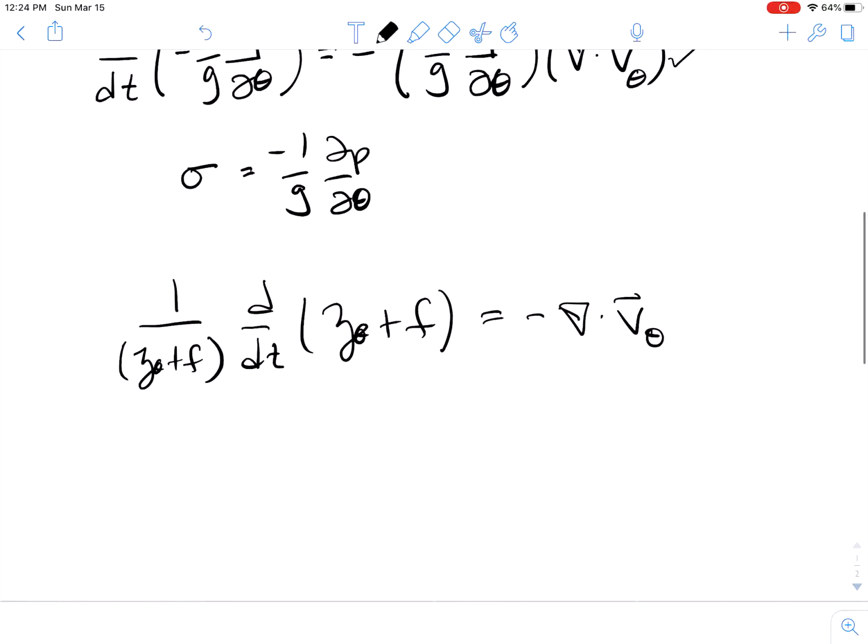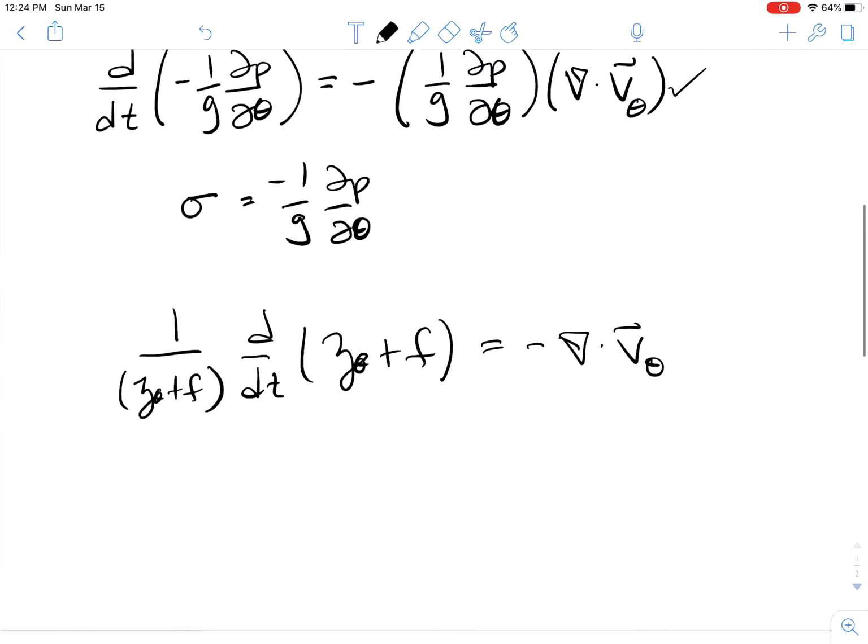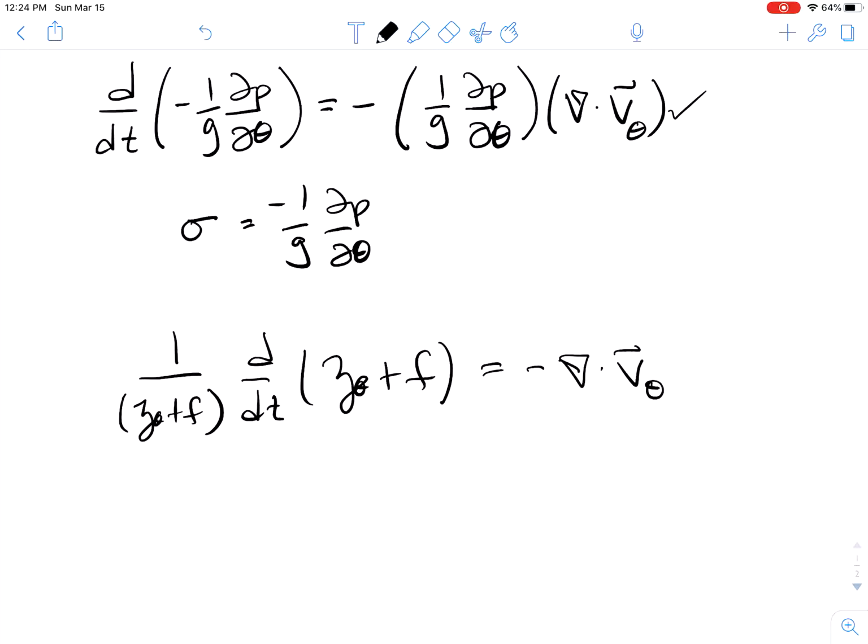Similarly, we can do the same for our mass continuity equation. And we can say, substituting in here for sigma, 1 over sigma d dt of sigma equals minus del dot v theta.